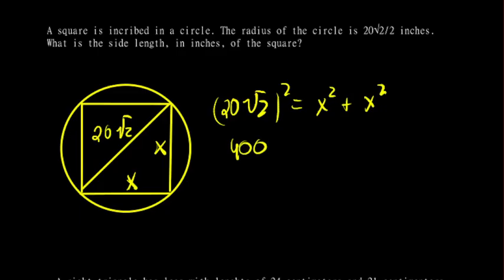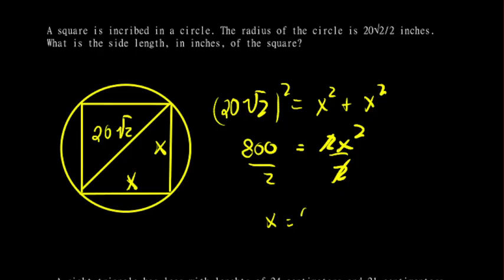So it's gonna be 400 multiplied by 2, or 800, is equal to 2x squared. We can divide both sides by 2, and we get x squared is equal to 400, and x is equal to 20. So the side length of the square in inches is 20.